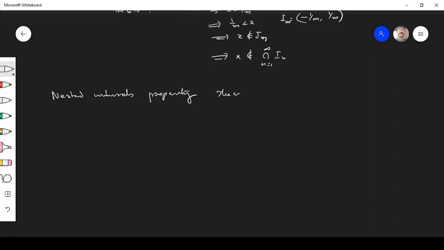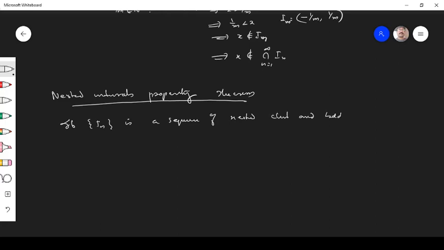What is the nested intervals property theorem? The nested intervals property theorem states that if I_n is a nested sequence of closed and bounded intervals, then there exists at least one ξ such that ξ belongs to every I_n for all n.